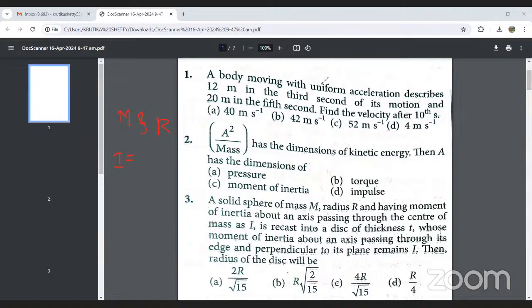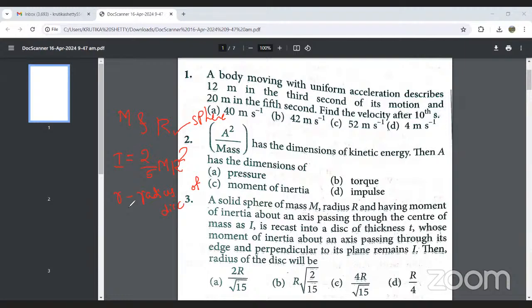For the solid sphere, it is 2 divided by 5 mr square. Remember that. Suppose if you consider small r as the radius of the disk. What they are asking is the radius of the disk, the r value.